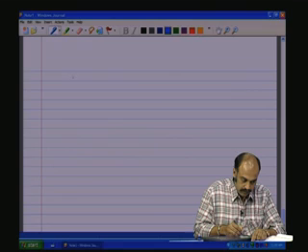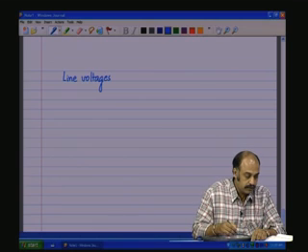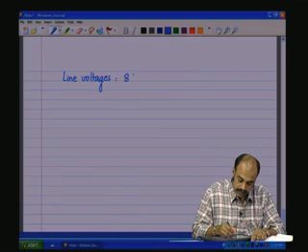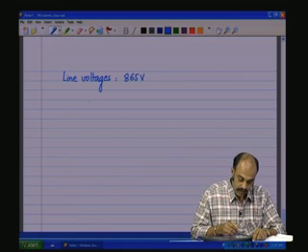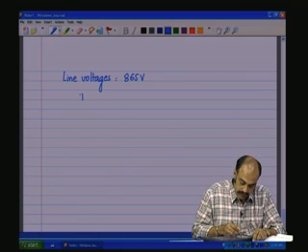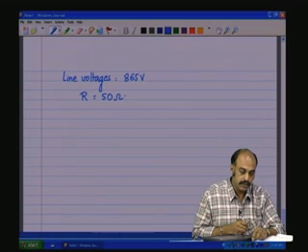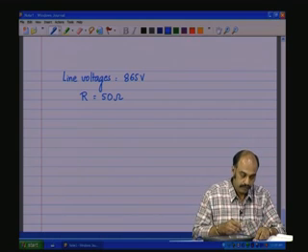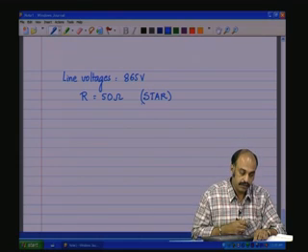Let me consider line voltages of 865 volts effective value, and the load resistance R is 50 ohms. Now, the load is connected in a star circuit.